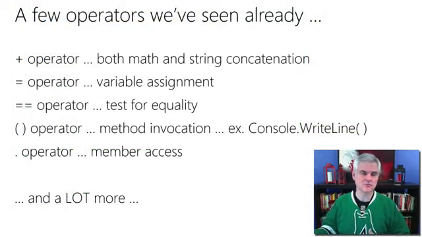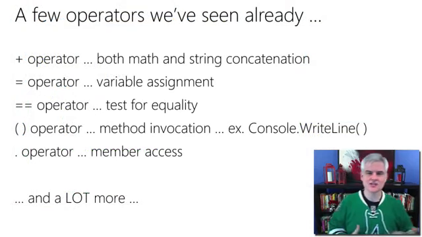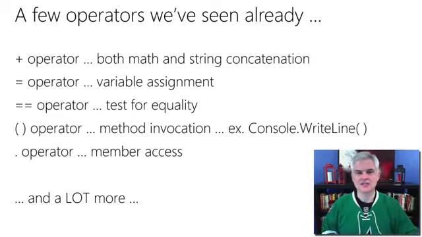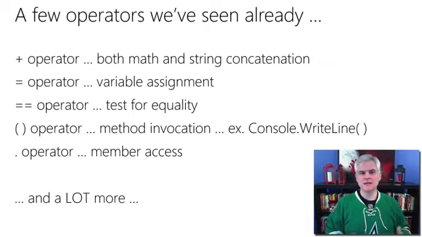It could also be used with strings as the concatenation operator. And I suppose you could call them the verbs. And so there's the equal sign, which we already noted means variable assignment. Also, whenever we worked with the if statement, we noted that the double equal sign tests for equality.